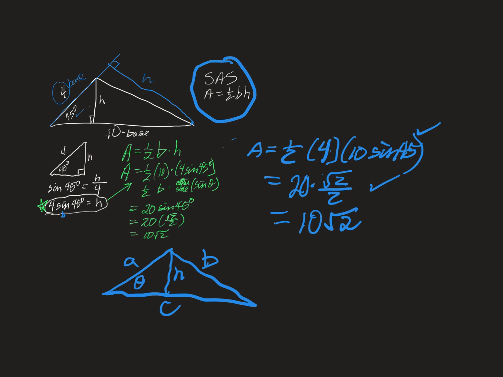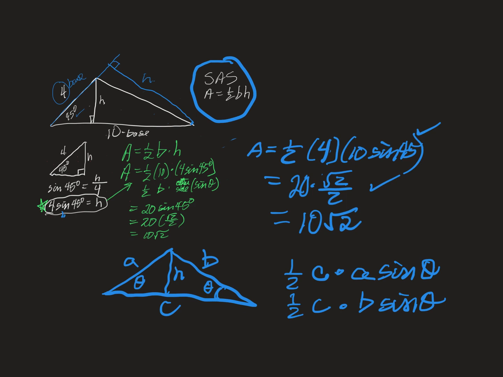And so what they do is they say, oh, this is 1/2 the base C times the other side, which is A in this case. So it would be A sine of theta. But if you knew this angle over here, then you could have had 1/2 C times B sine of theta if you had switched the angle theta to over there.